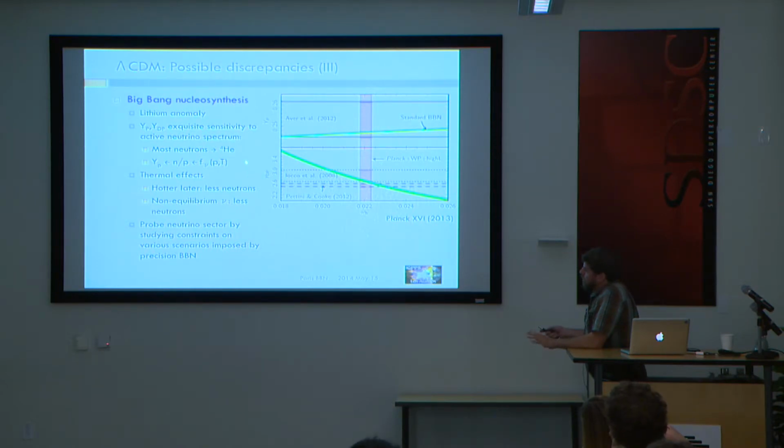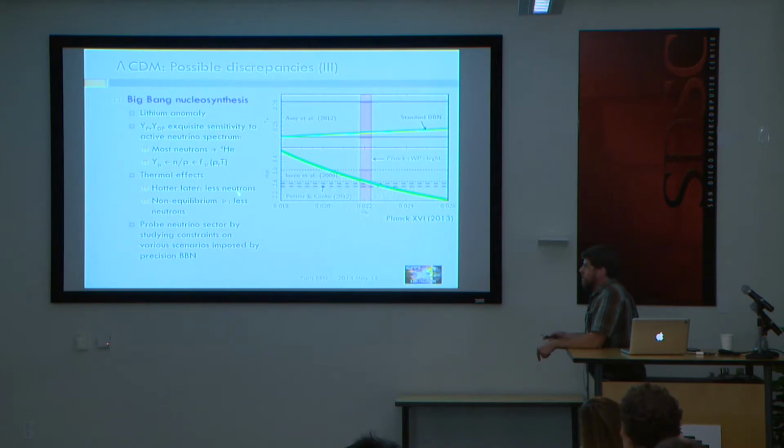This all has a lot to do with what's happening in the neutrino sector of the physics. There can be thermal effects. If you have more relativistic energy density than you might think from the standard model, say sterile neutrinos or something like that, then the universe is hotter later, and weak decoupling will happen later.